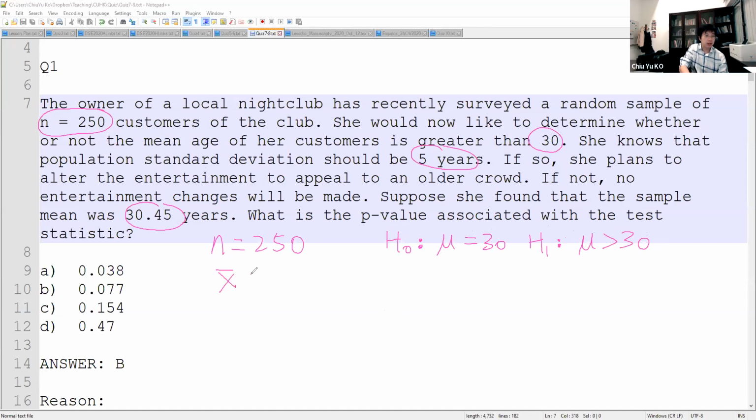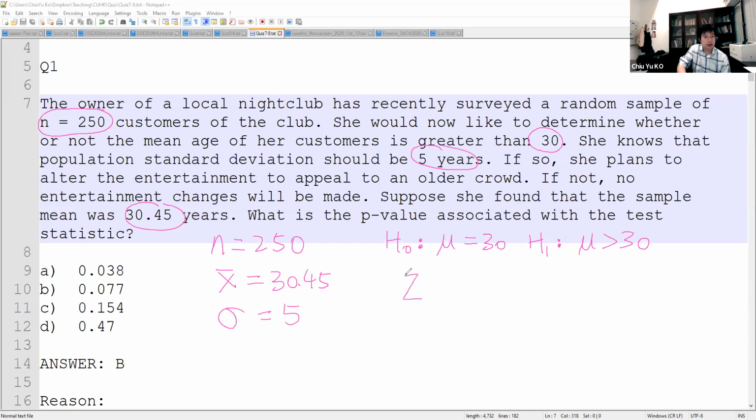This is the sample mean, which is 30.45. So this is a one sample test, right? It's asking whether, you know, the population standard deviation, which is 5, okay?